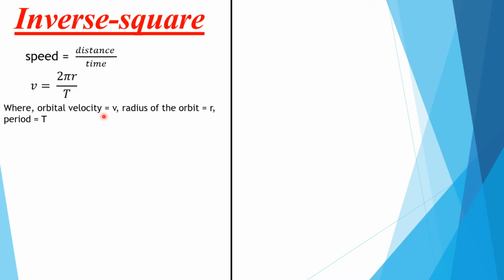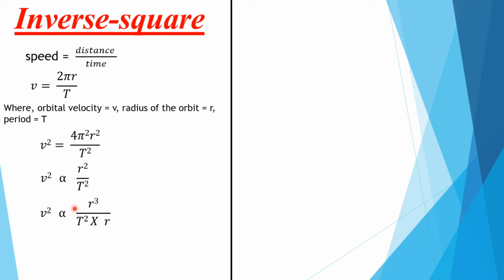Orbital velocity is equal to v, radius of the orbit is equal to r, and orbital period is equal to t. So squaring both sides, we will get v square is equal to 4 pi square r square upon t square. Now this 4 pi square is a constant. So by replacing the equal sign and the constant, we can write v square is directly proportional to r square upon t square.